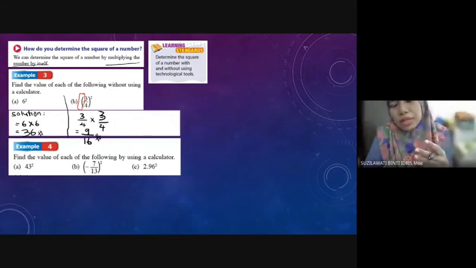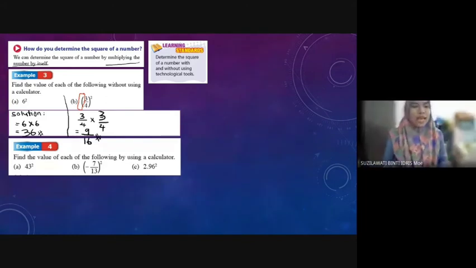After you press 3, then you press A, B over C, which refer to pecahan, fraction. Okay, this button. You look at this button in your calculator. A, B over C. Look at my slide. I show you the button. You press this button. A, B over C button.